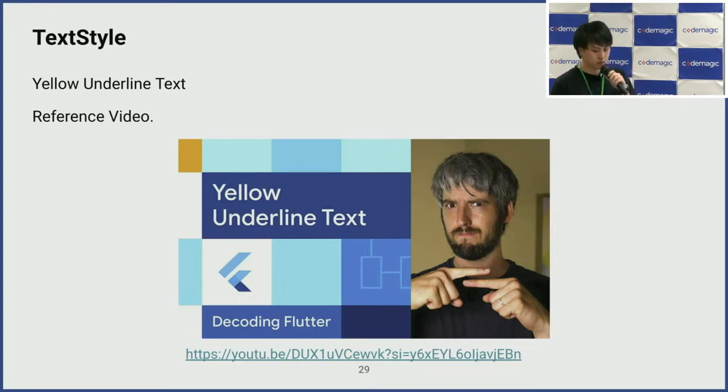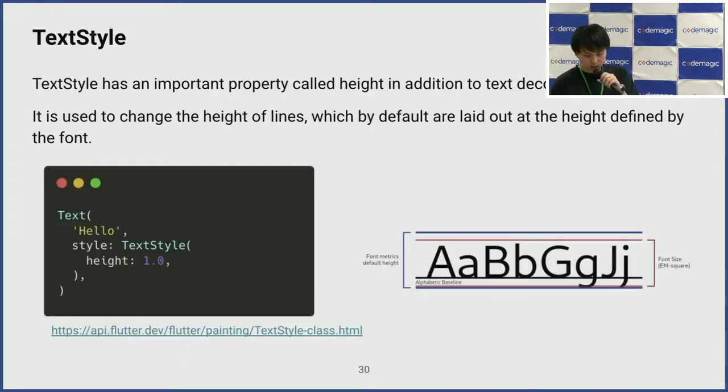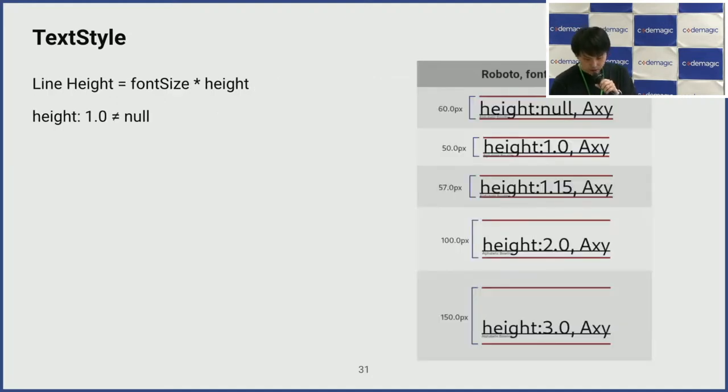TextStyle has an important property called height, in addition to the decoration that changes size and color. This property is used to change the height of lines, which by default are laid out at the height defined by the font. The value set for the height property is the ratio of the font size.